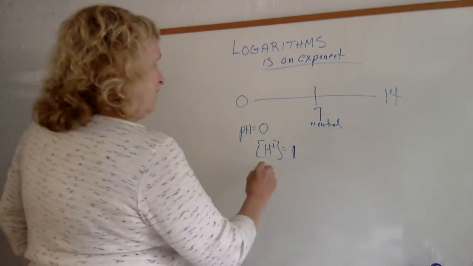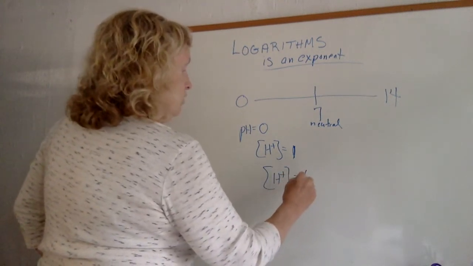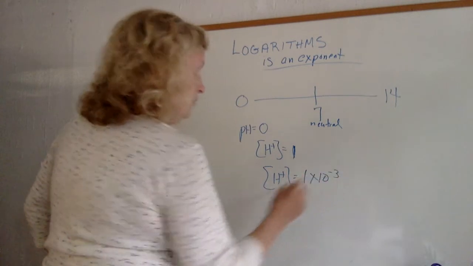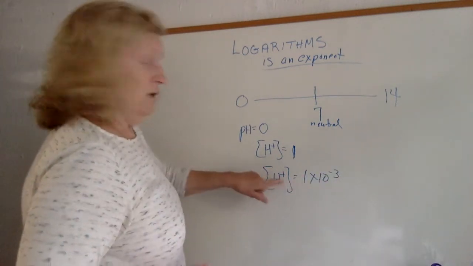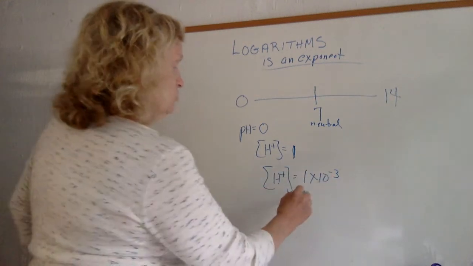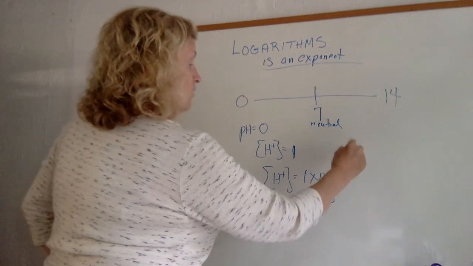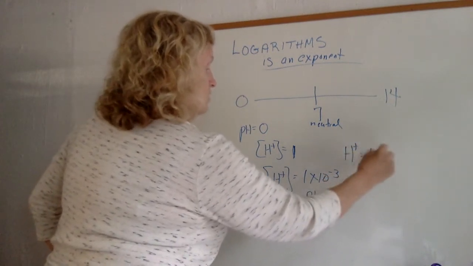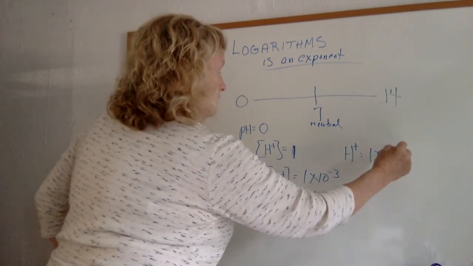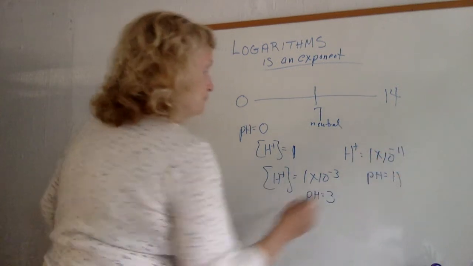But if I have a hydrogen ion concentration of 1 times 10 to the negative 3, I'll make this easy. I don't need my calculator. I can just say the log is negative 3, so the pH is 3. And if I have a hydrogen ion concentration of 1 times 10 to the negative 11th, the pH is 11.